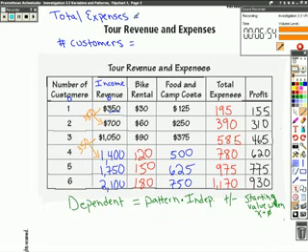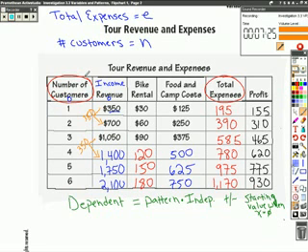Total expenses, they want us to use E. Number of customers is going to be N. So we're looking at those two things and comparing them to see how they affect one another. Does the number of customers determine my expenses, or do my expenses determine how many customers I take?